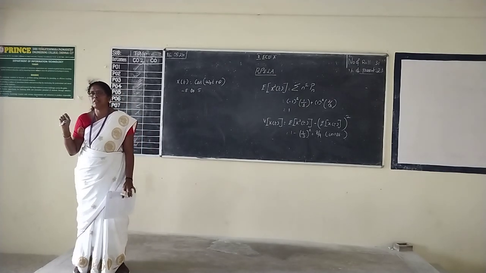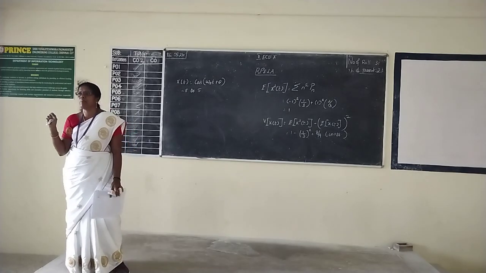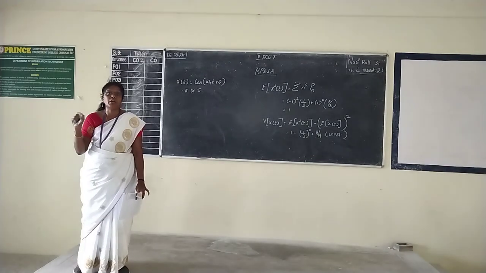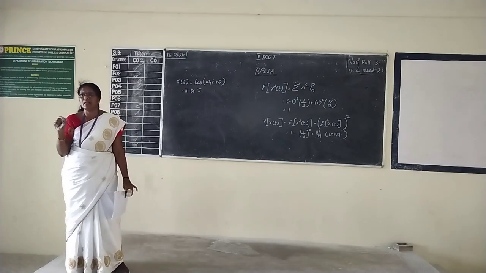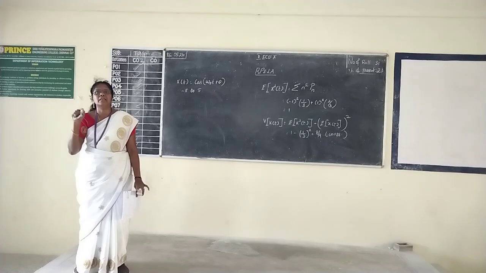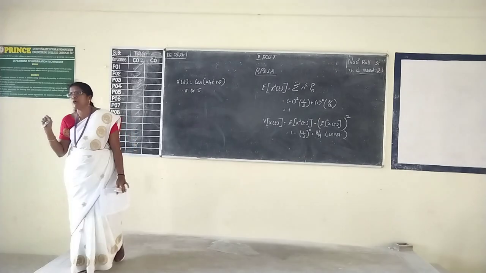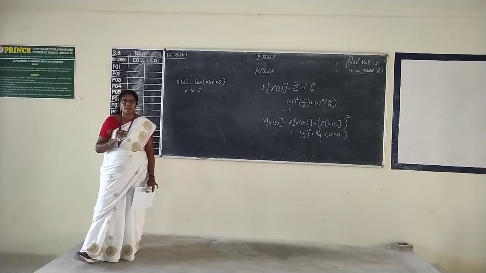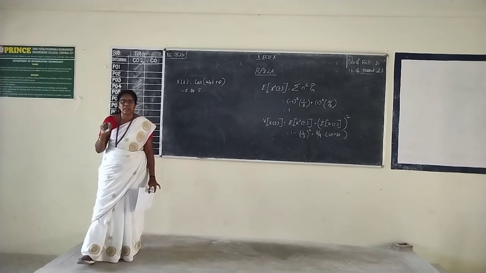Theta is uniformly distributed in the interval minus pi to plus pi. What is the meaning? Theta is going to follow that uniform distribution in the interval. So here theta will be the variable. Majority of the problems are like this, with the variable theta, not x.